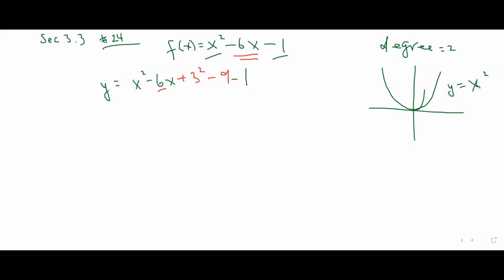So I actually add 9, and then I take away 9, so I didn't change anything here, but my first 3 terms will give me that perfect square. They will give me a perfect square of x, the first, and 3, the last. And I see negative, so it must be a minus. And then the other 2, minus 9 minus 1, is negative 10.